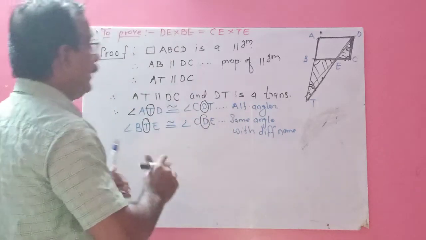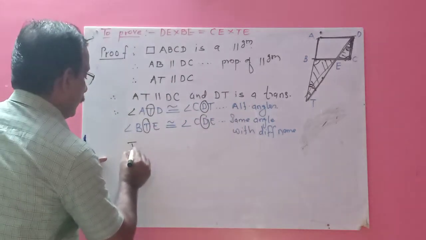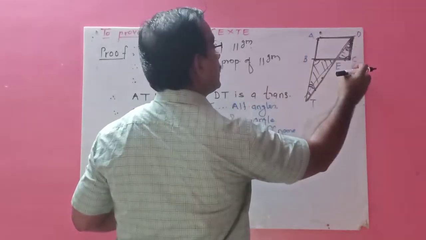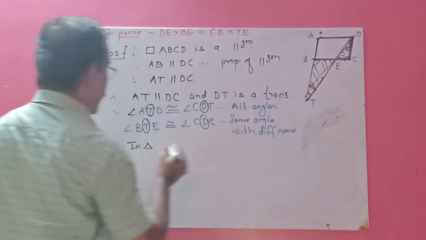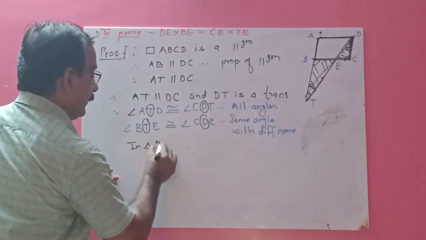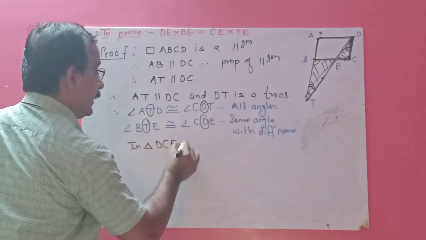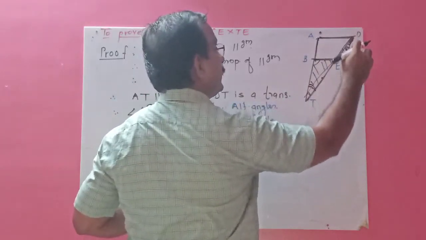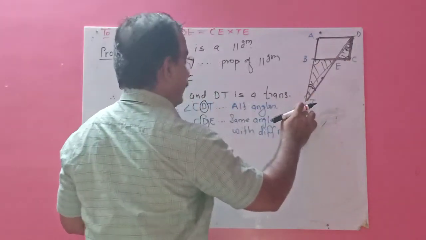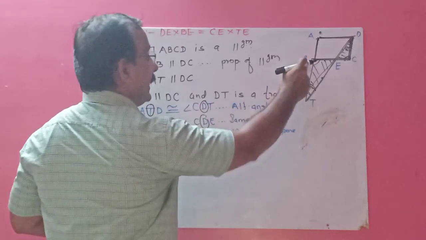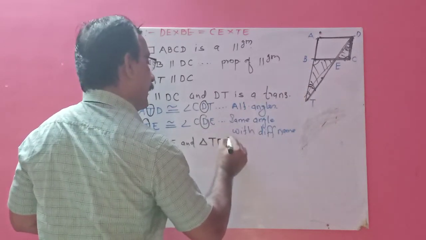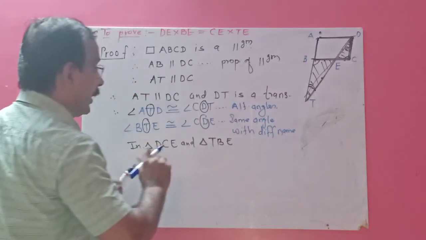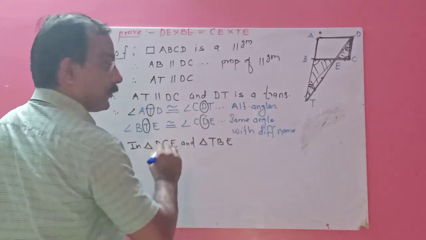Okay. So in triangle DCE, see I am starting from here, DCE. In triangle, see first I have taken D, then C, then E. So I will take T, B and E. DC and check whether all congruent elements are congruent or not.